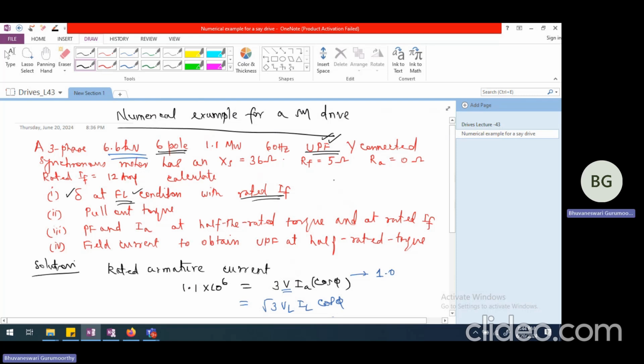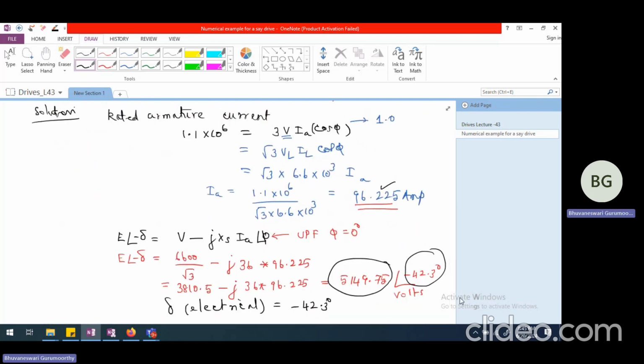So you can say 1200 RPM is the synchronous speed. And if I want to write it in radians per second, this has to be multiplied by 2 pi by 60. So that comes out to be 125.66 radians per second.